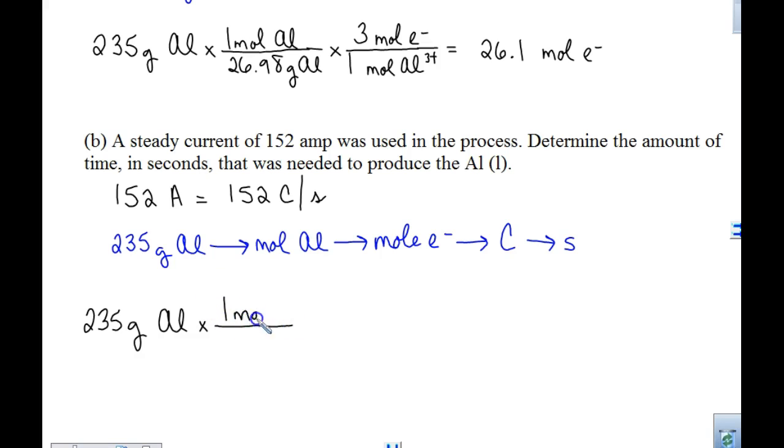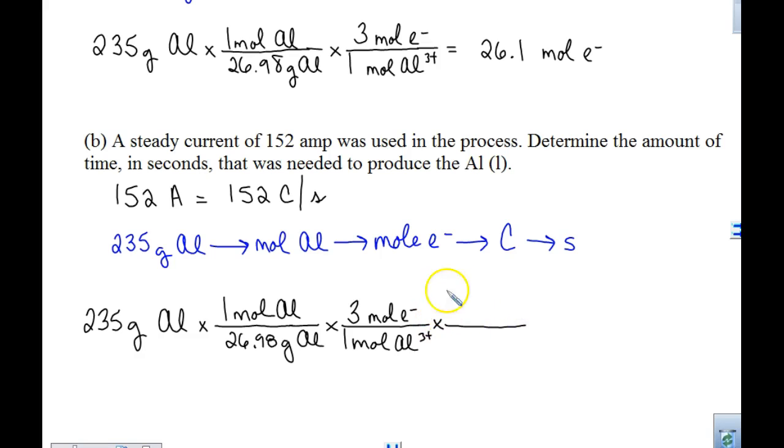There's my molar mass like I had used previously. And then for every mole of aluminum ion, we get 3 moles of electrons. And then Faraday's constant, which is something that's listed on the equation sheet given to you at the AP test, says there's 96,485 coulombs of charge per mole of electrons.